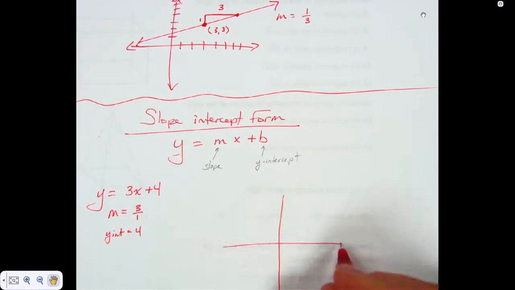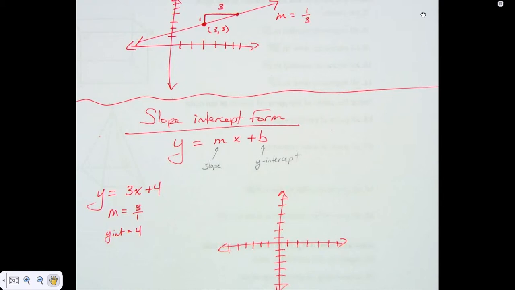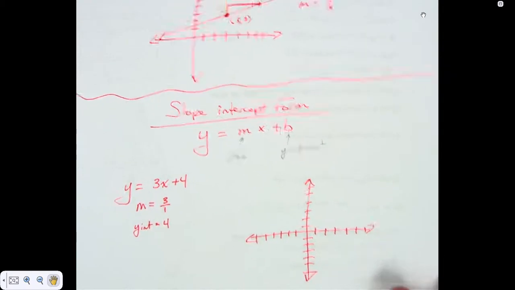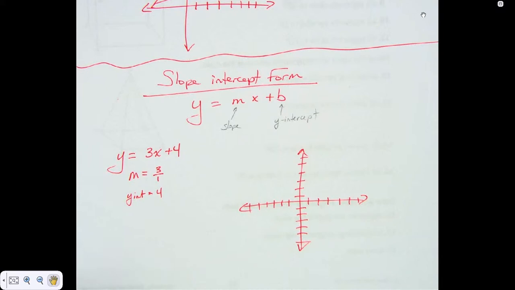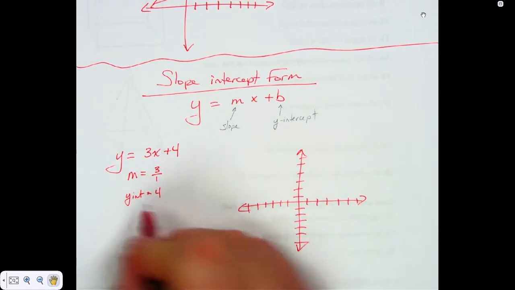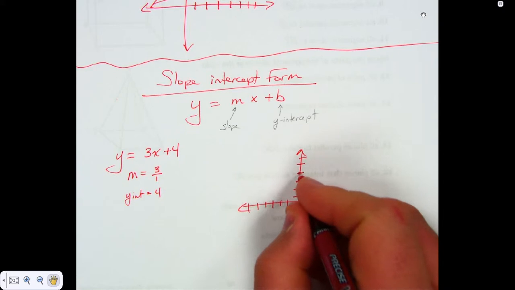Now, I'm going to draw an xy coordinate plane, and we're going to graph this using slope and y-intercept. What is my next step? First thing, I need a point on the line. I've got to find out where it is and how it's shaped. It's going to tell me where it is. I know that it intersects at 4, the y-intercept, where it intersects the y-axis.